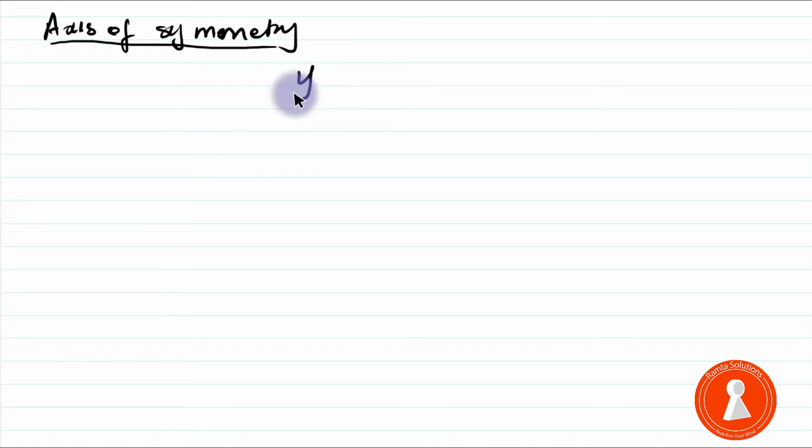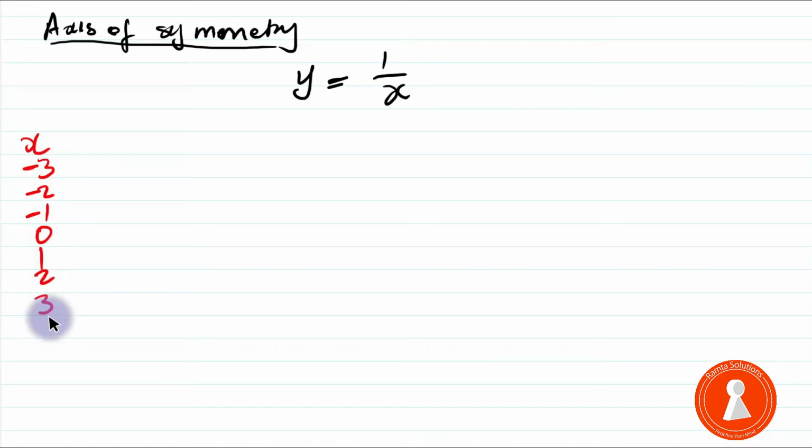Remember, your standard hyperbola is this one, y equals 1 over x. When you plot it, you will have x: minus 3, minus 2, minus 1, 0, 1, 2, 3.